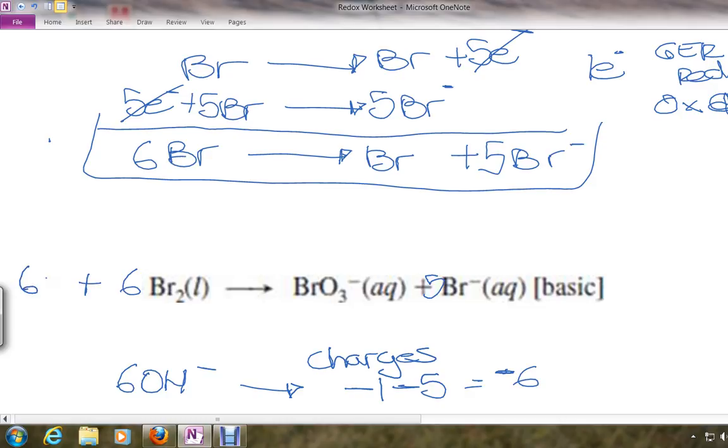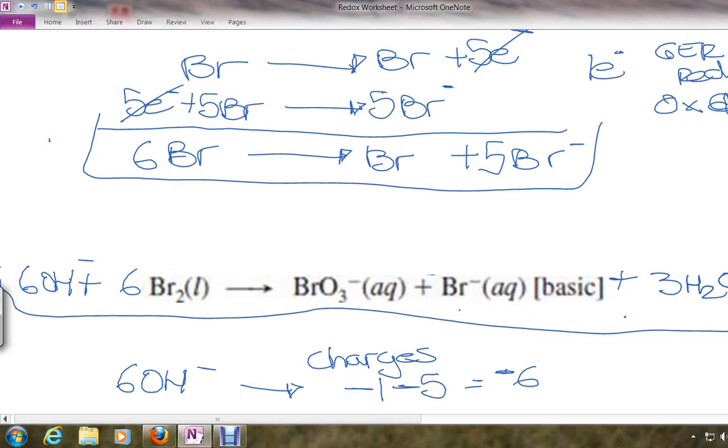Let's balance with water now. How much water do we need to add? We don't have any other hydrogen, so we need to add 3 H2O to give me 6 hydrogen. Oxygen, we have 6 here, and 3 plus 3 is 6. And it's balanced.